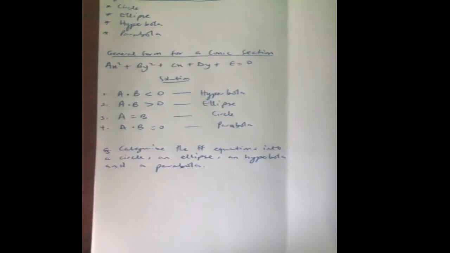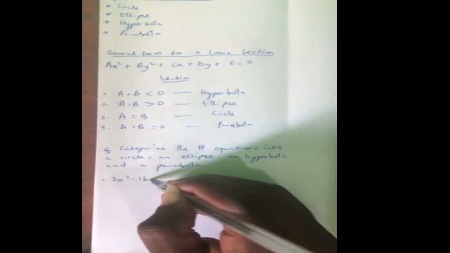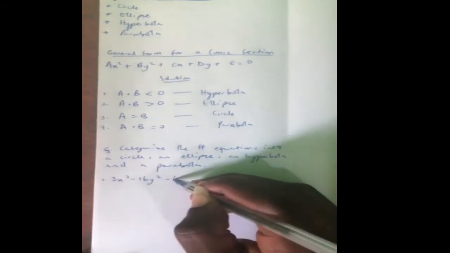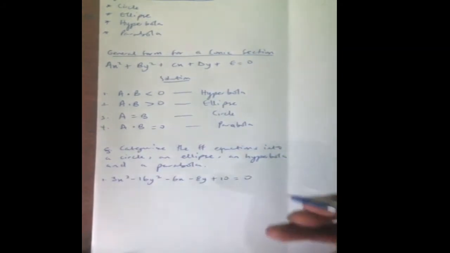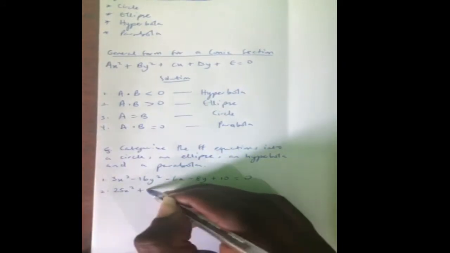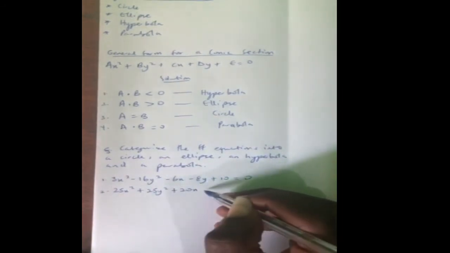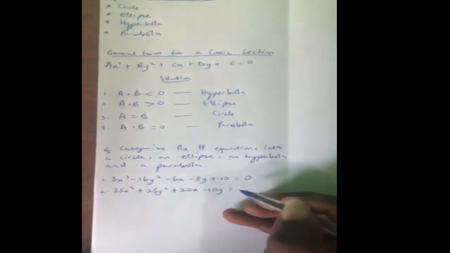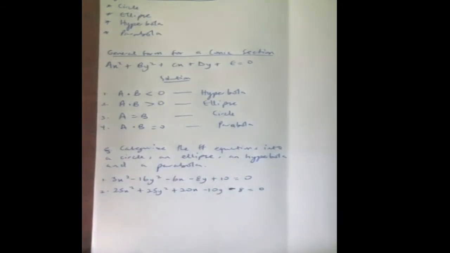Example 1, we have 3x squared minus 16y squared minus 6x minus 8y plus 10 equals 0. Equation 2, 25x squared plus 25y squared plus 20x minus 10y minus 8 equals 0.